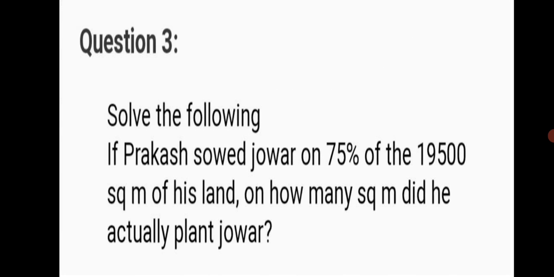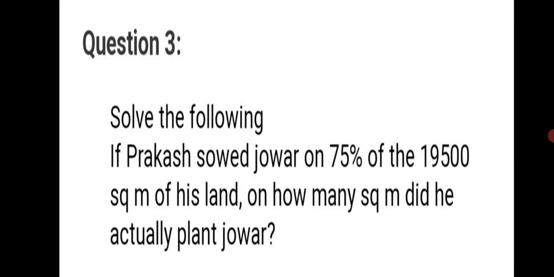Third sum. If Prakash sowed jawar on 75% of the 19,500 square meter of his land, on how many square meter did he actually plant jawar? 75% means we will write it as 75 upon 100, because we don't know how much land he has actually planted jawar.